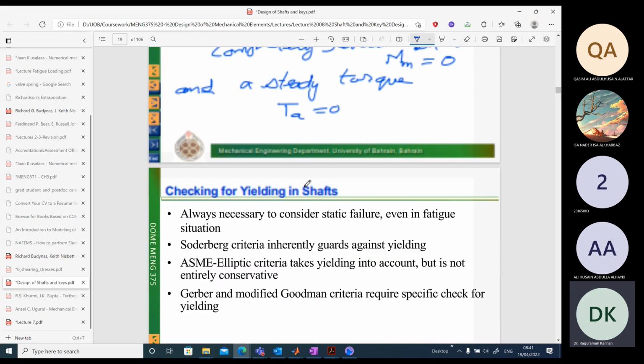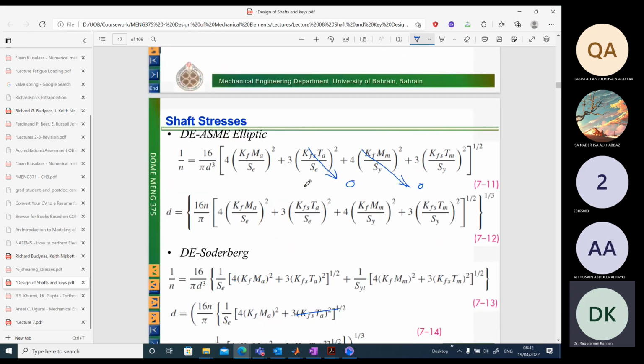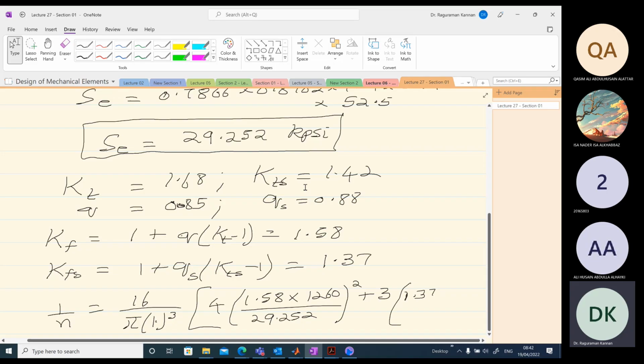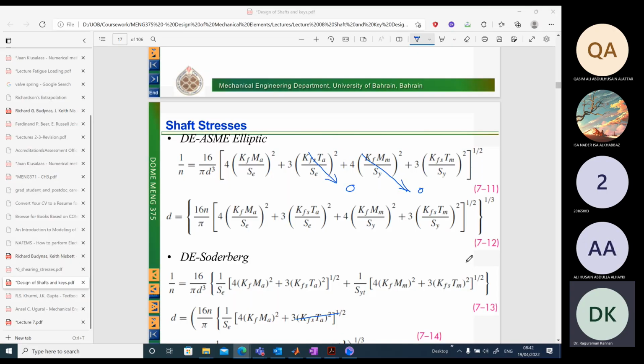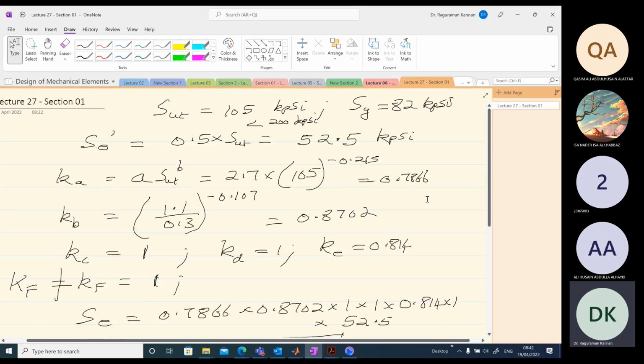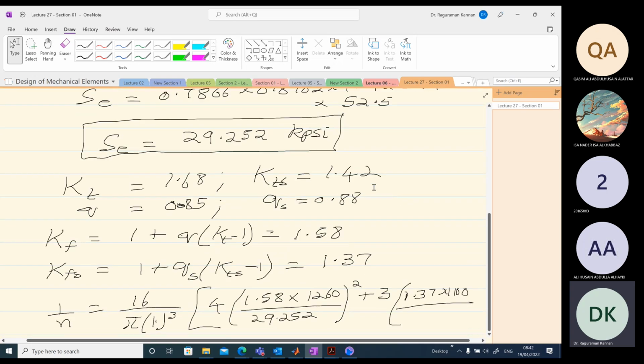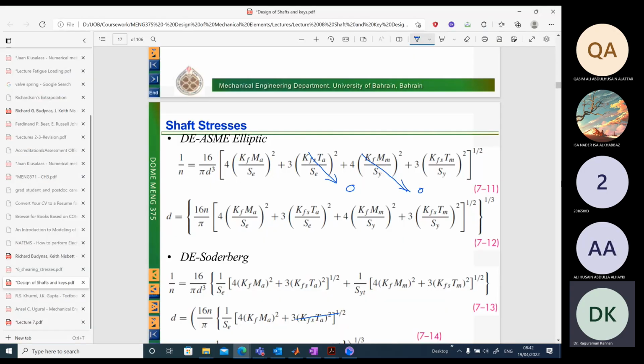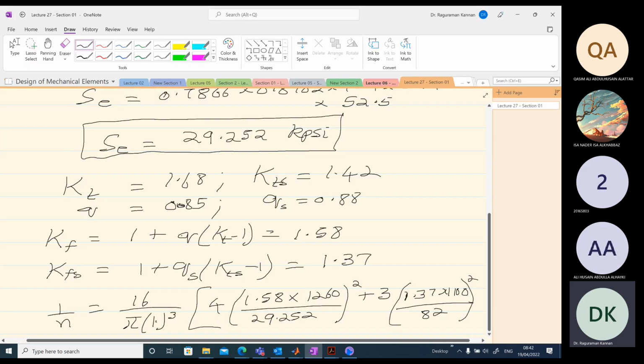We have 1100, divided by Sy value, the yield strength value, 82. The square. And then everything under the root, square root term.